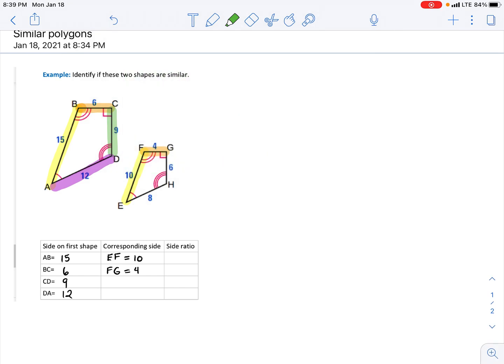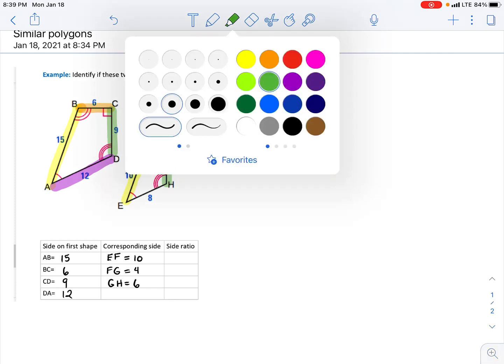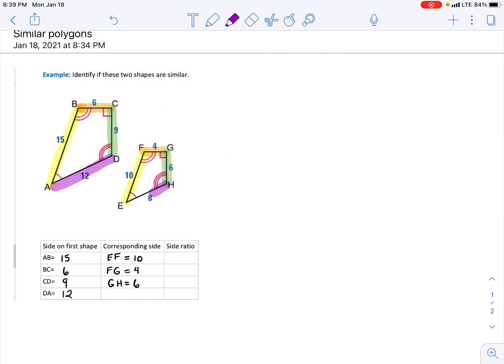And then we also have that the corresponding side for CD is GH, and that has a length of 6. And then last but not least, HE is the corresponding side for DA, and that has length 8.